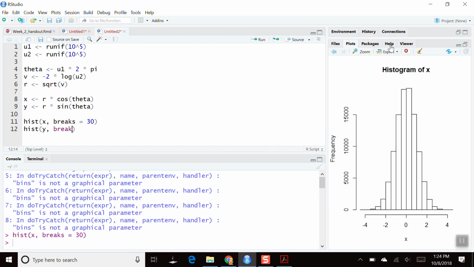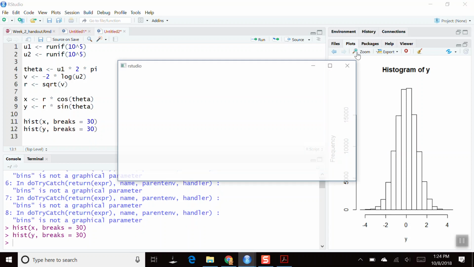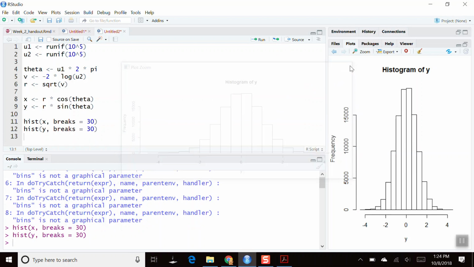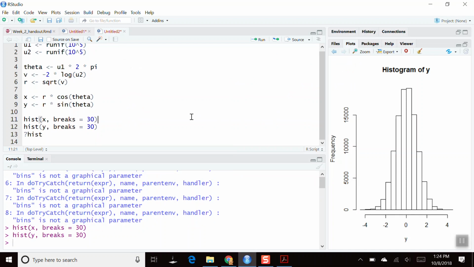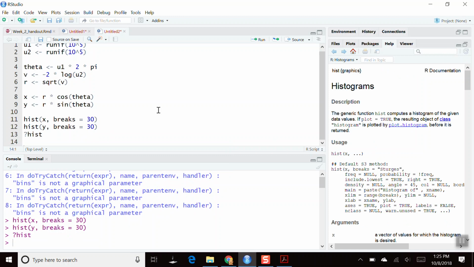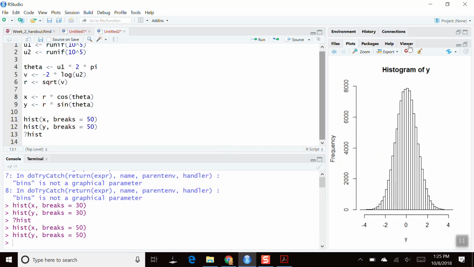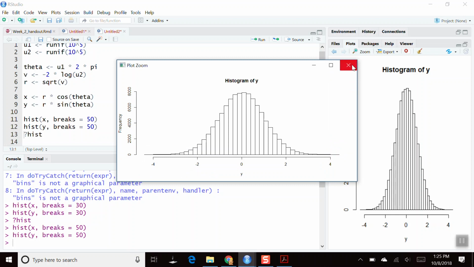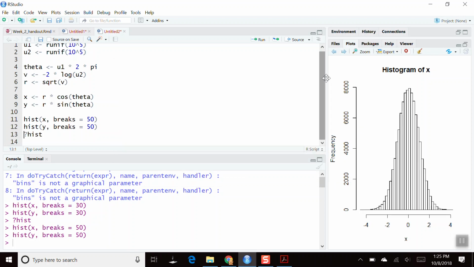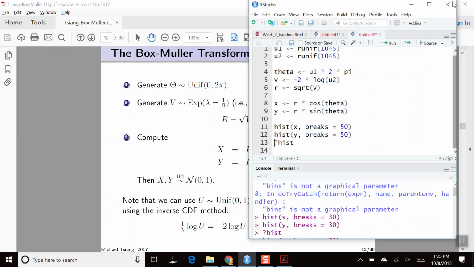Histogram of y. Breaks equals 30. That doesn't look right. Am I doing something wrong with histogram? I've got to bump it up to 50. Okay, yeah, there we go. That looks better. Histogram of y, histogram of x. They look pretty normal, so that's a good thing.